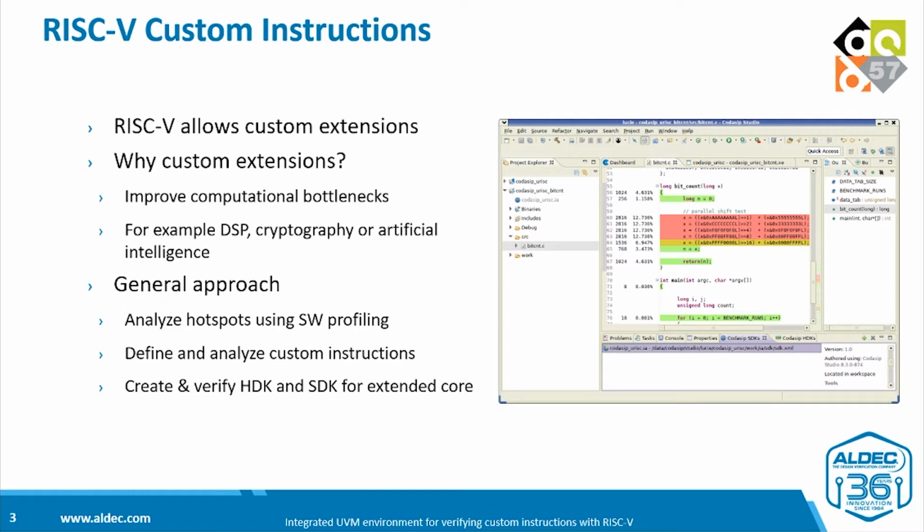Well, with a general purpose core, there are sometimes computational bottlenecks, particularly with algorithms for things like DSP, cryptography, or artificial intelligence. So the general approach that we would take is to use software profiling to analyze hotspots, then define and analyze the custom instructions, and when you're satisfied with them, to create and verify the HDK and SDK for the extended core.